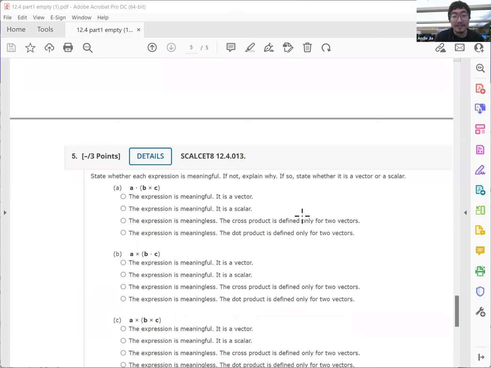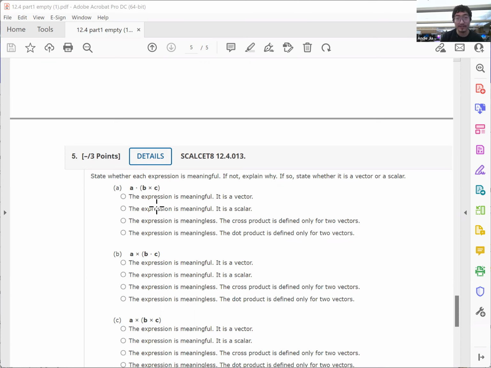And number 5 is the main part we're going to consider here. So part 1: b and c are 2 vectors, and a cross product produces a vector. And this is a vector and a vector, so the dot product produces a scalar. The cross product can only happen to 2 vectors.